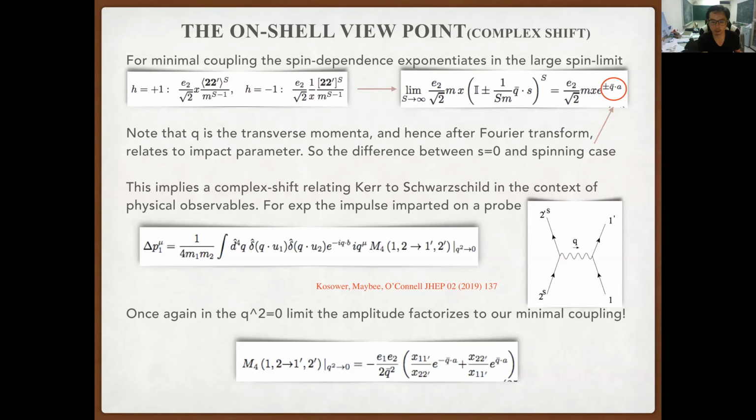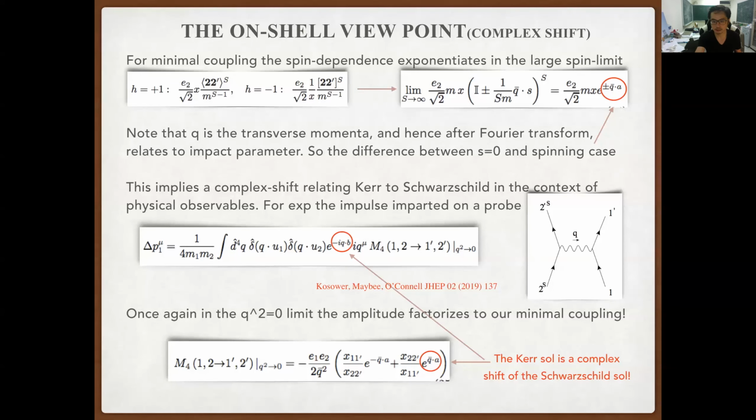We already know what the 4-point amplitude is. It's just a product of 3-point amplitudes. And since the difference between Schwarzschild and Kerr is just this exponentiation factor, the difference is basically a shift in the impact parameter space, by an imaginary value.